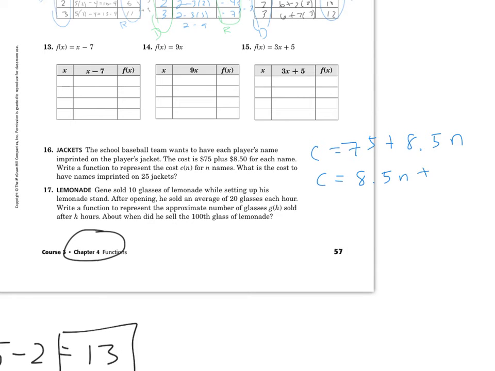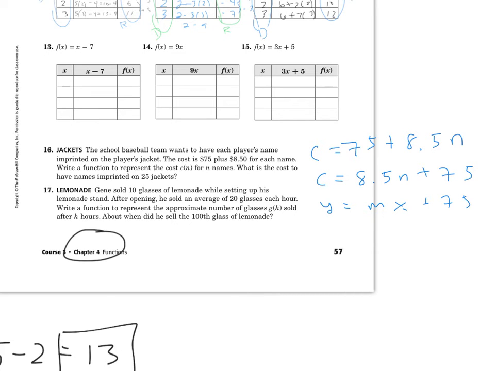8.5n plus the 75. We want to use y equals mx plus b, where y is first, then the slope, which is the $8.50 per name, and then the x, and in this case, the input is the number of names that they're going to have, or the number of jackets, and then plus 75.